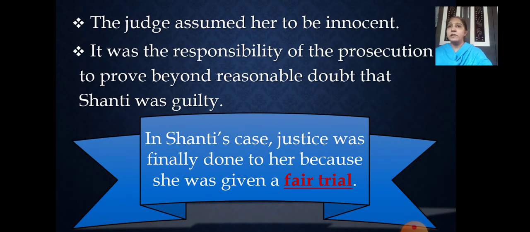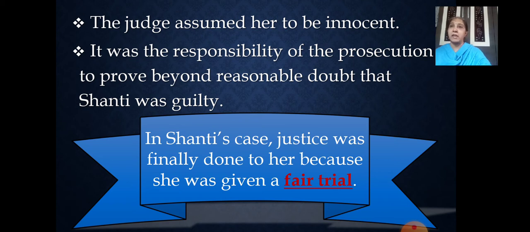Then, although the police filed a case of theft against Shanti, the judge assumed her to be innocent, right? It was the responsibility of the public prosecutor to prove beyond reasonable doubt that Shanti was guilty.